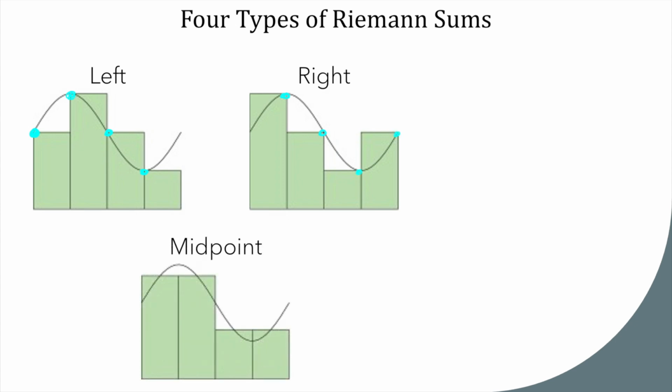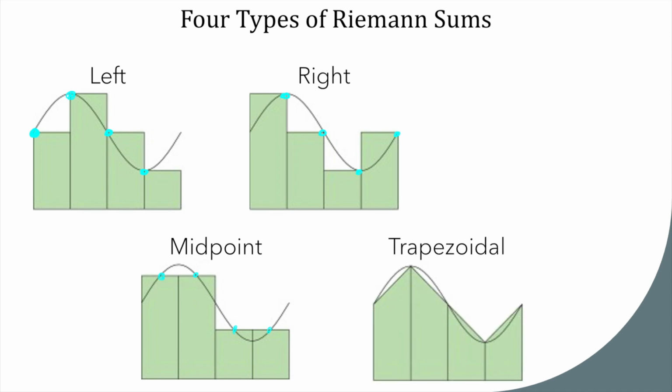We could have a midpoint, where the midpoint of the top of the rectangle hits the function. Or we could have a trapezoidal sum, where each top of the trapezoid, it's not a rectangle anymore, hits the top of the function. So let's explore these.